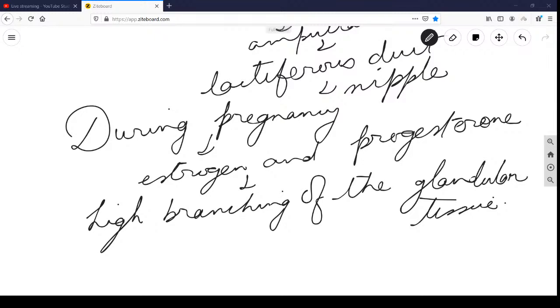In the last trimester of pregnancy, the glandular tissue does not secrete milk, but it secretes a clear fluid known as colostrum.